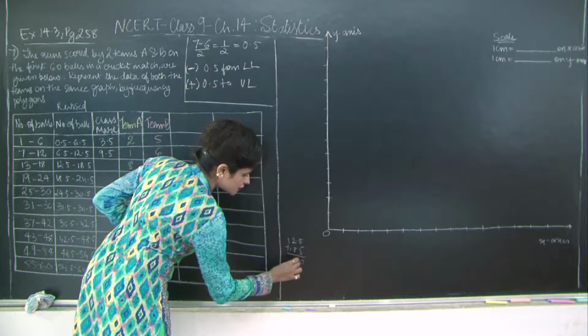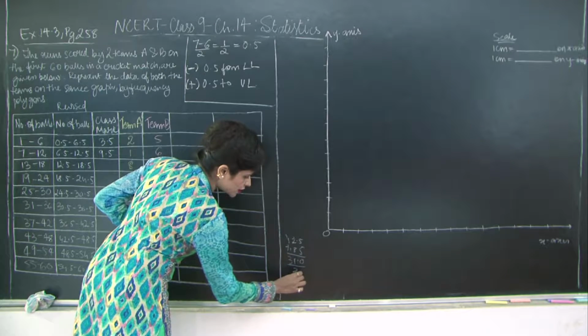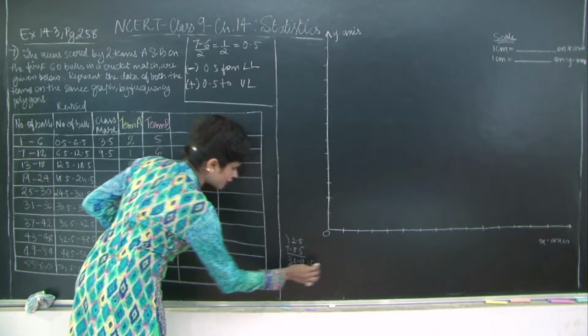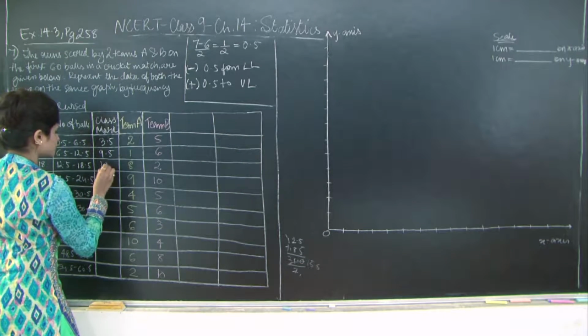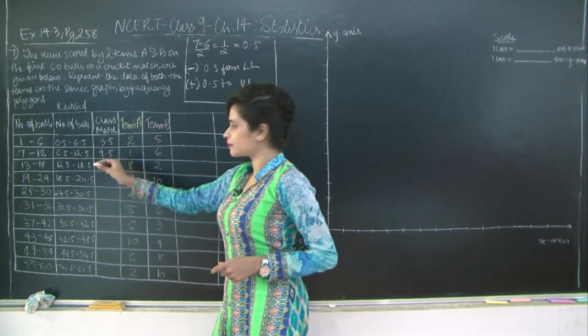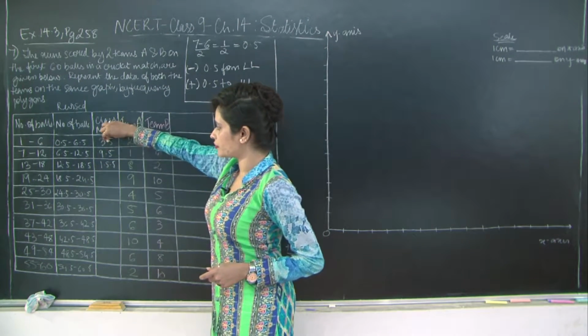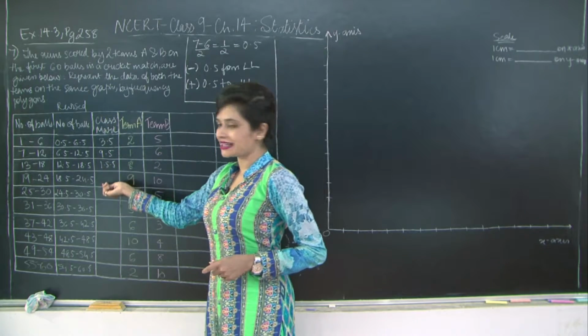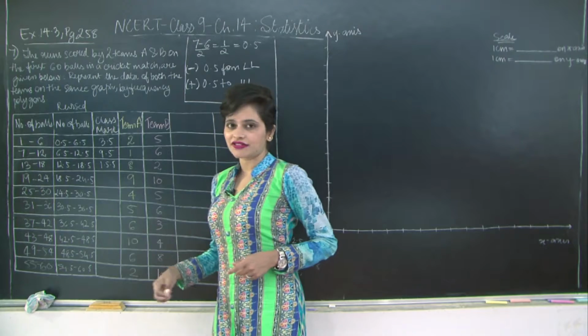This is 31. 31 divided by 2 will give you 15.5. So if you notice, there is a difference of 6 between 9.5 and 3.5, 15.5 and 9.5. So we are just going to keep adding 6 to the consecutive class marks.